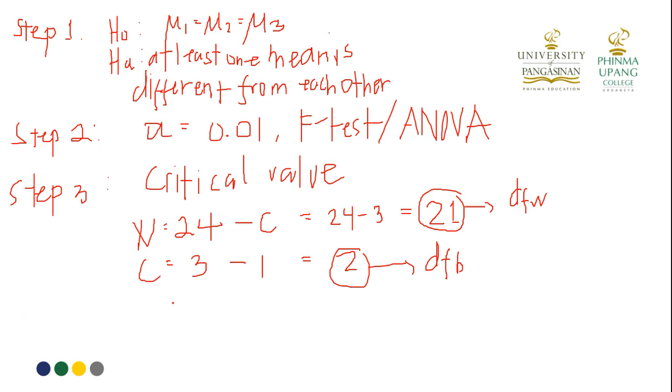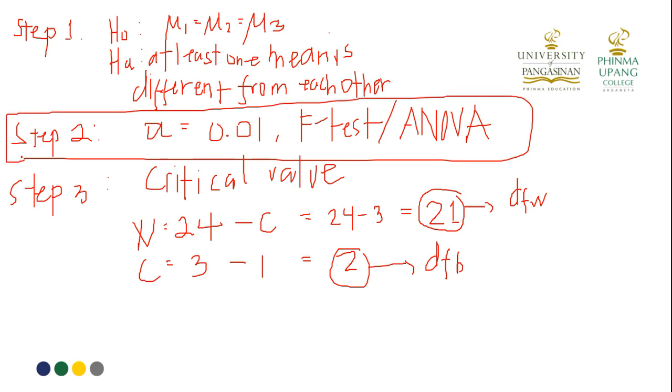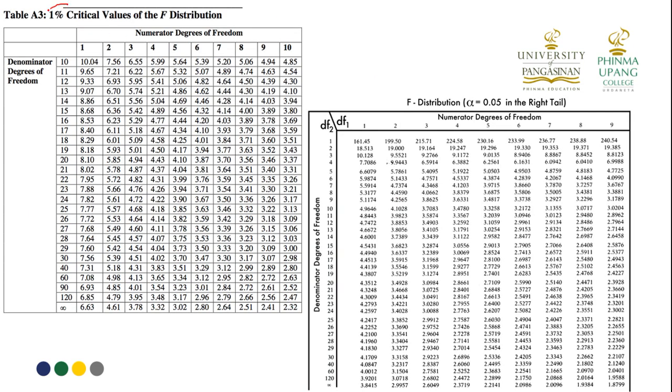Okay? So, punta tayo, ano ba yung sinabi nyo dito sa step number 2? Diba, 0.01? So, hanapin lang natin yung 0.01 sa F table para mahanap natin yung critical value ng F. Critical value of F. So, lagay natin dito F table value is, punta ka sa DF na 2 at DF na 21 sa ating table ng 1%.